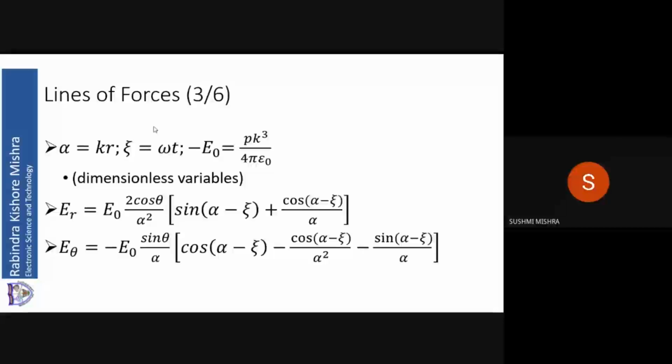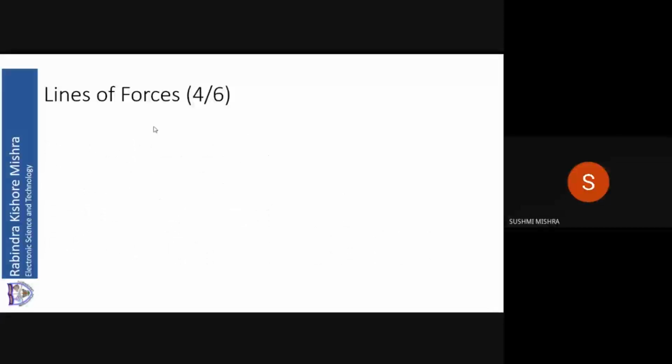You can easily find it out. Simply replace this. So from that, I will define a simple thing. Let me define psi alpha is equal to sine of alpha minus zeta plus cos of alpha minus zeta by alpha.